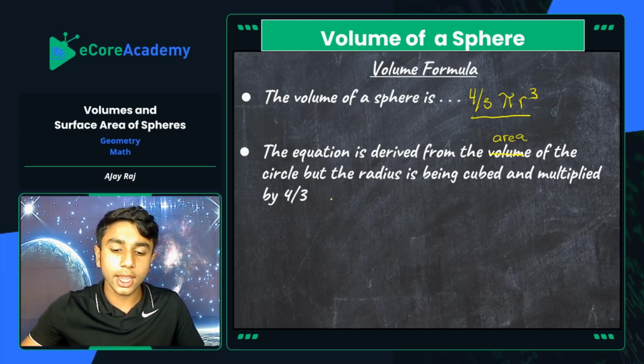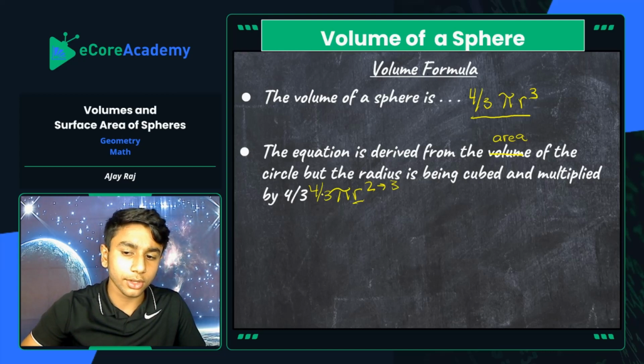The area of a circle formula is pi r squared. That's very similar, but in this case it's pi r cubed. So you're cubing your r value, and you're multiplying an extra 4/3 to that.